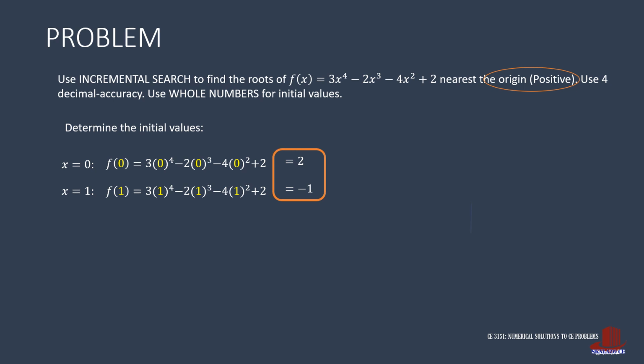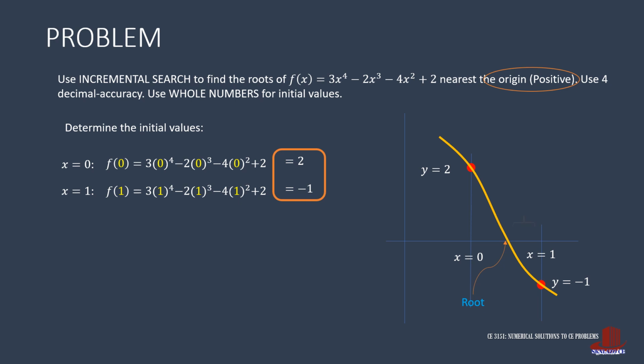If we illustrate the points, at x equal to 0, y is positive 2. When x is 1, y is equal to negative 1. We can join these 2 points to verify that there is a root between the span of x as 0 to positive 1.